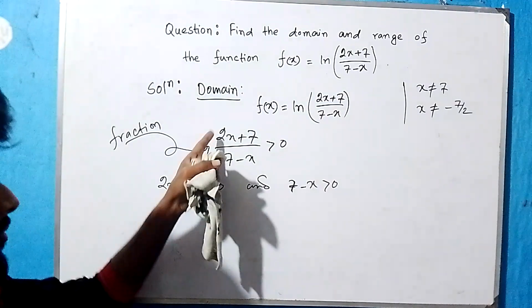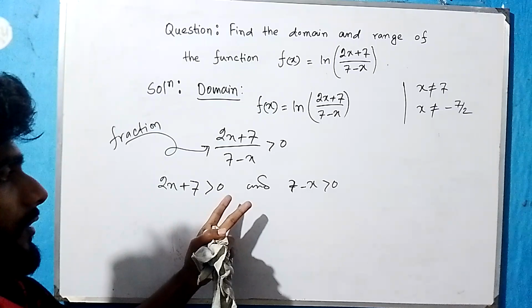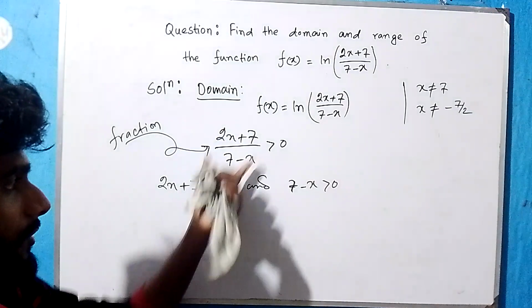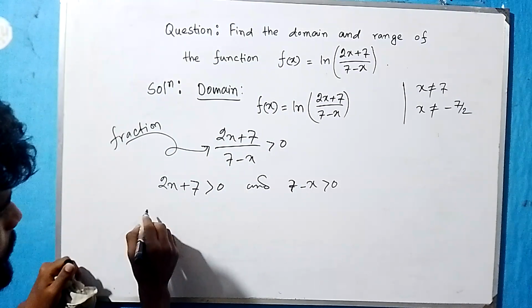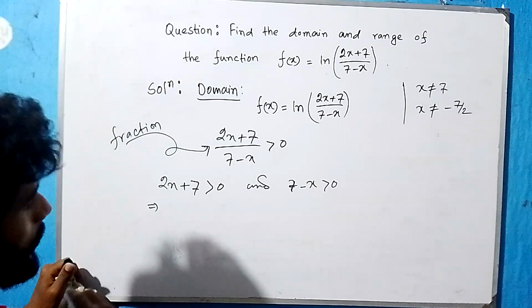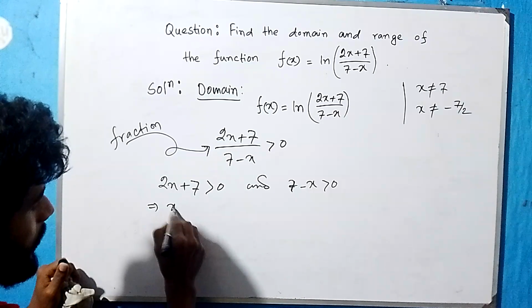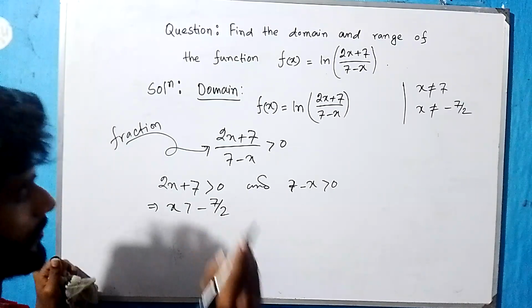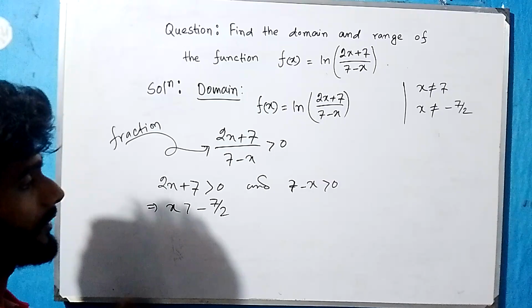So if both the numerator and the denominator are positive, then this fraction will be positive, right? So after solving this one, we have x greater than negative 7 by 2, right? I think you agree with this.